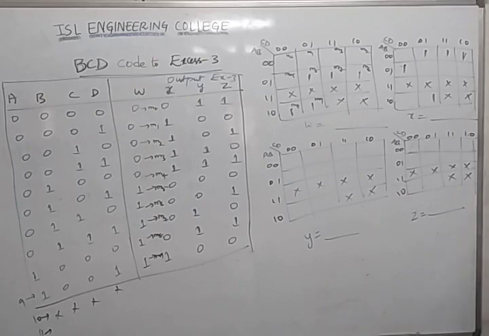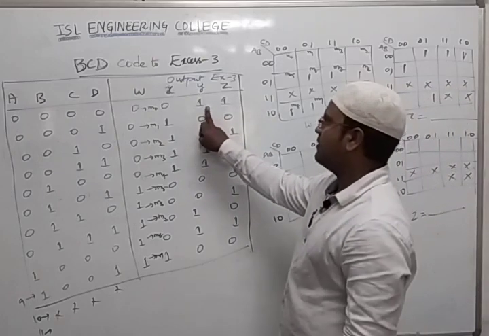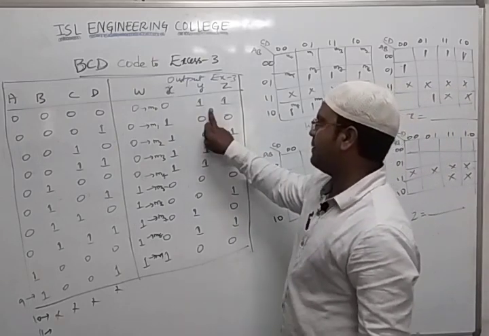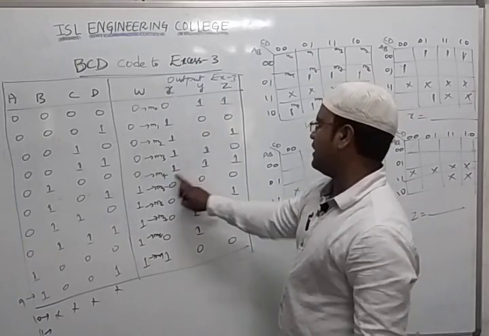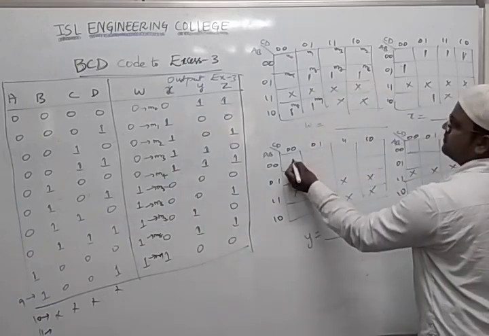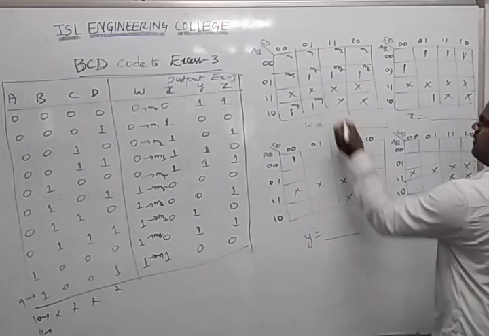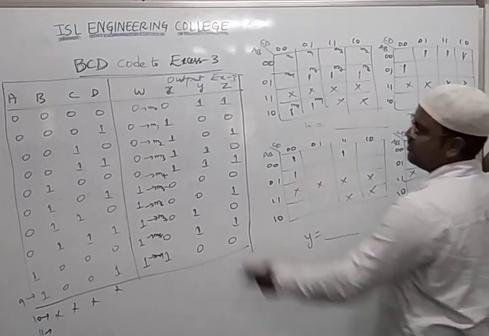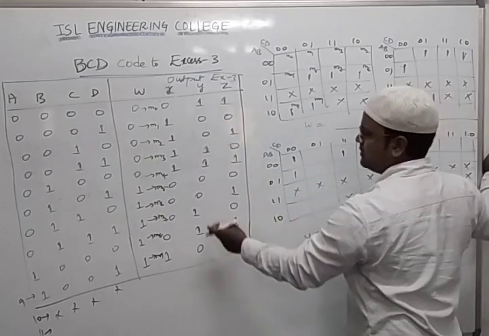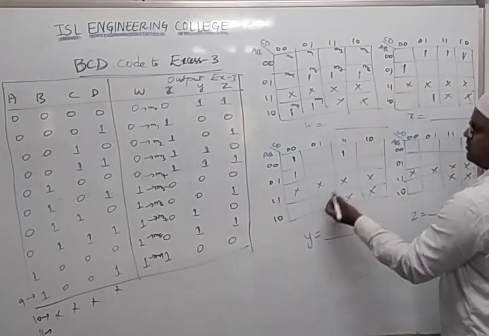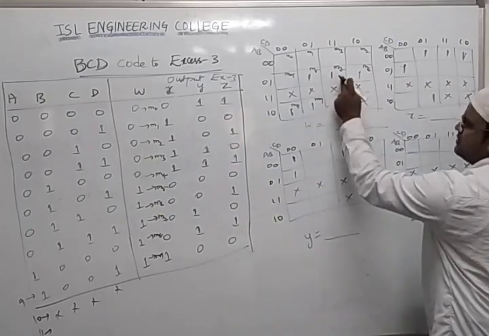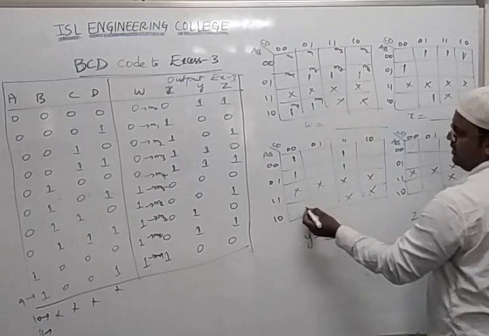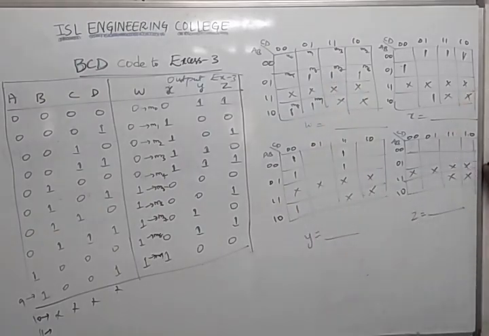Next, for Y, when Y is 1: mean terms M0, M3, M4, next M7, M8. Where is M7? Here is M7. M7 and M8. Clear? We wrote the next also.